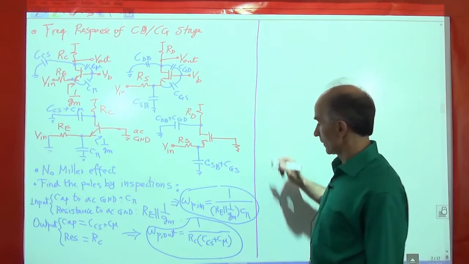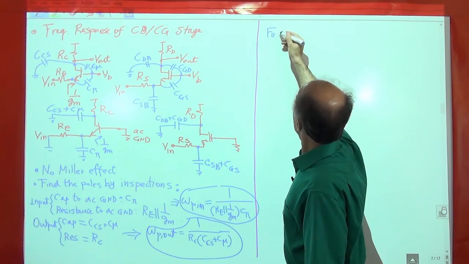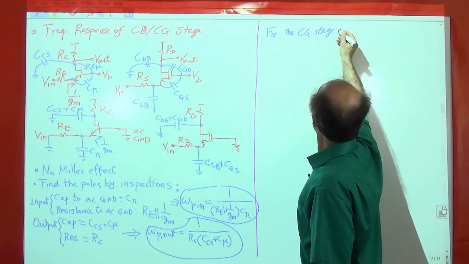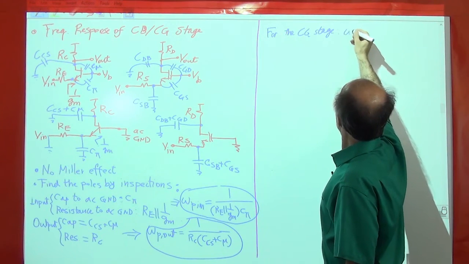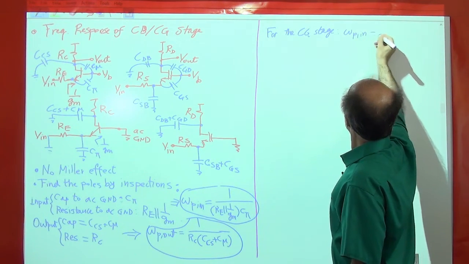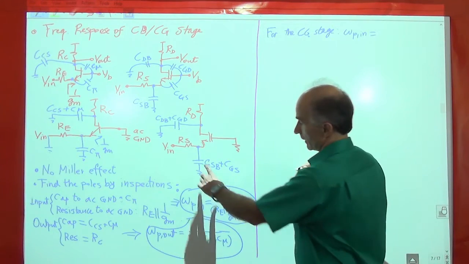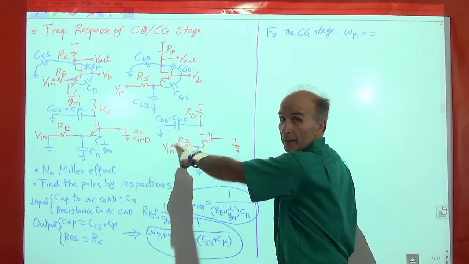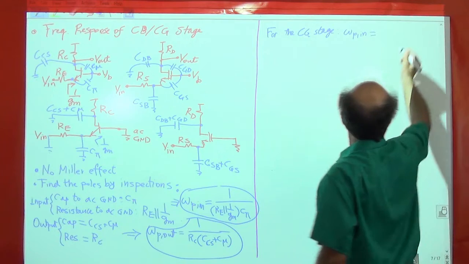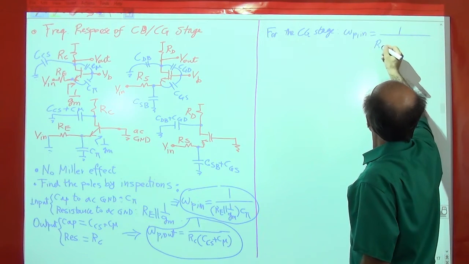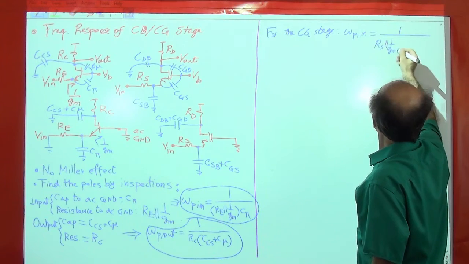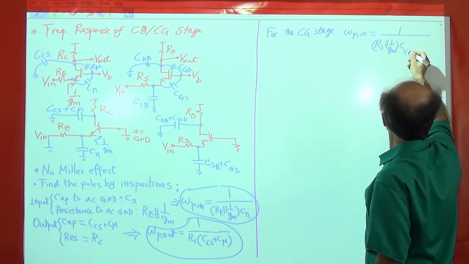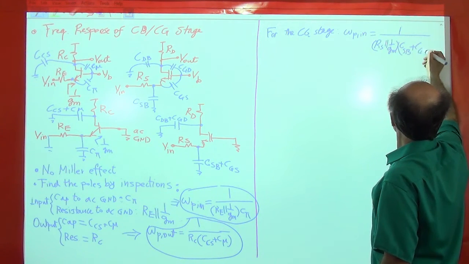So let's do that. So we say for the CG stage, we have omega P in. The input pole is given by the resistance we see at this node, which is again Rs in parallel with 1 over Gm, times the total capacitance that we have at the input, so CSB plus CGS.